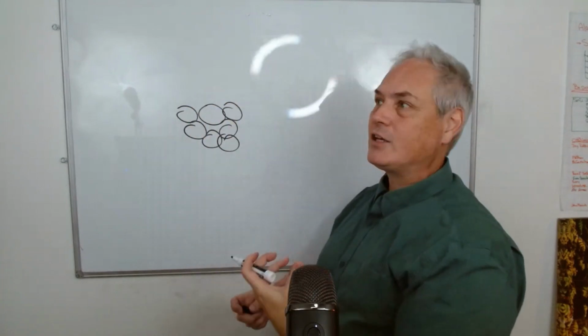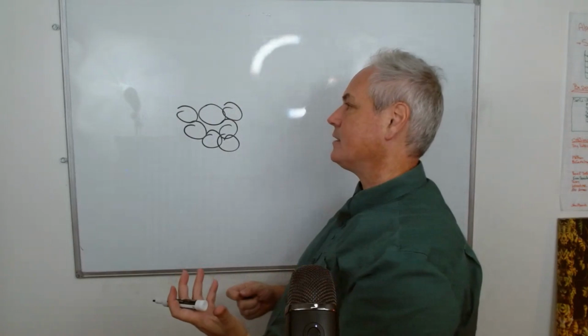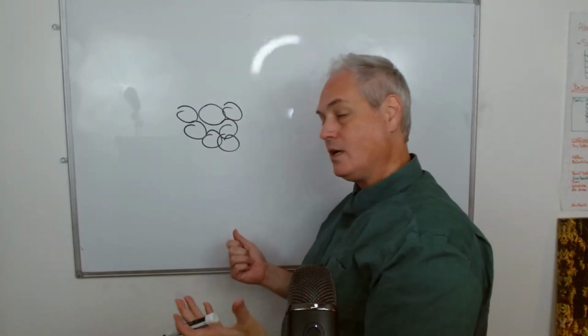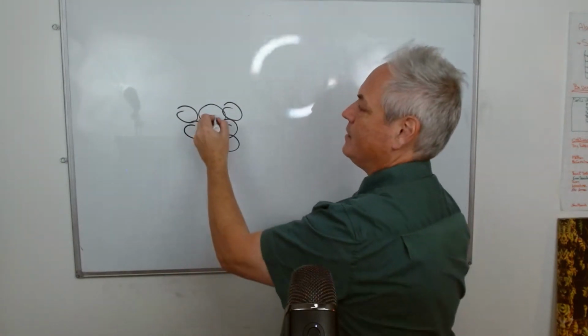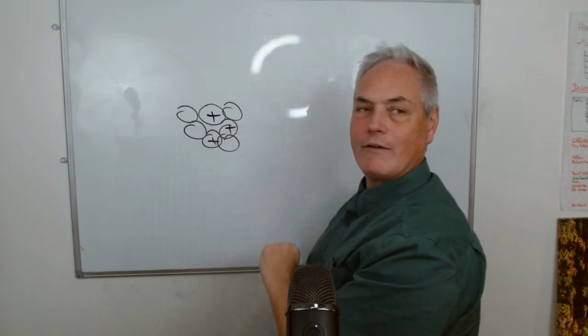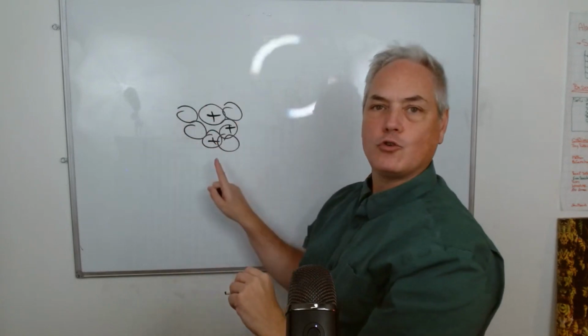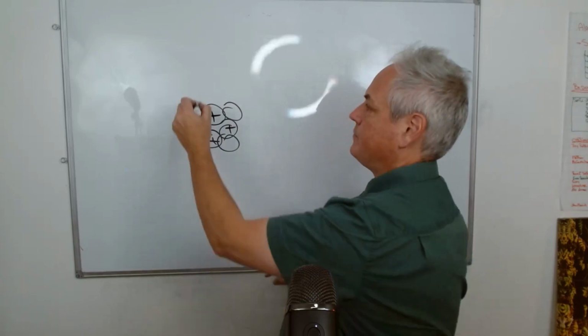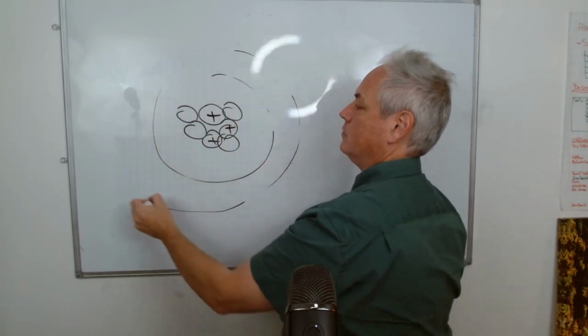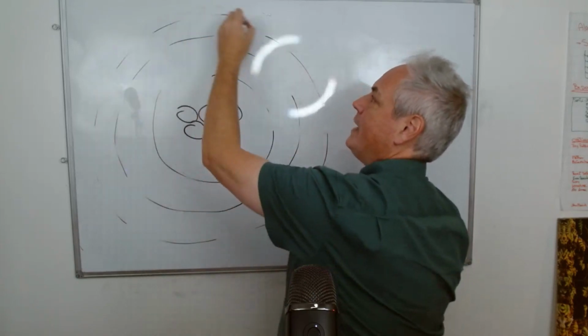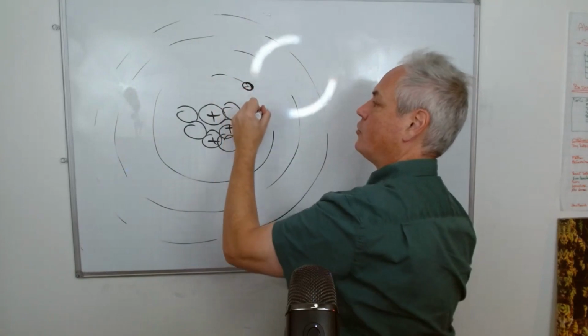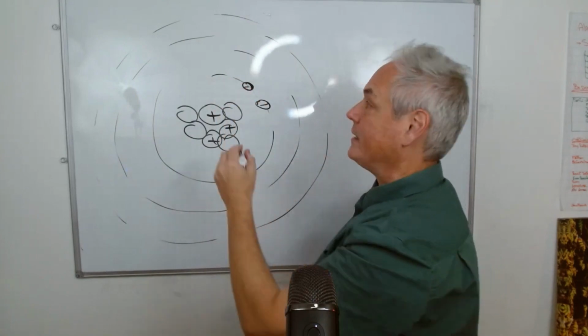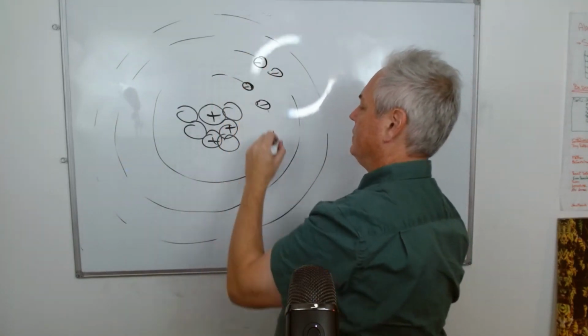Now, we also know that matter is made of atoms. Let's say I take an atom of zinc. In the nucleus, you have positive charges. You also have neutrons that have zero charge. And you also know that we have electrons that are negative, orbiting around these.